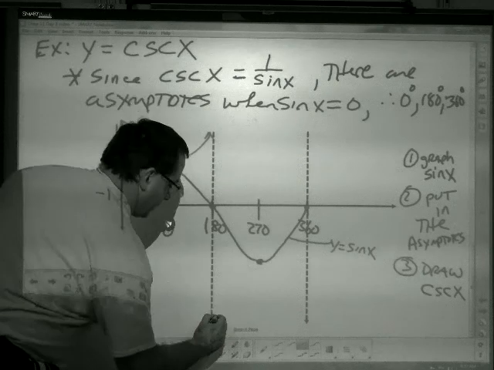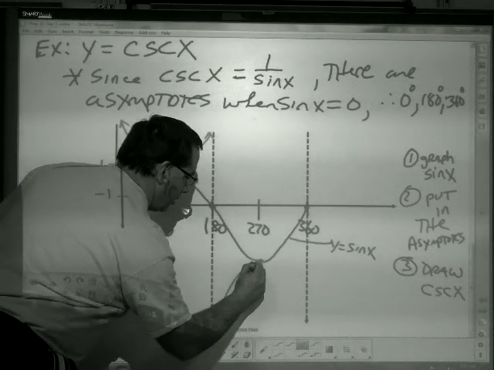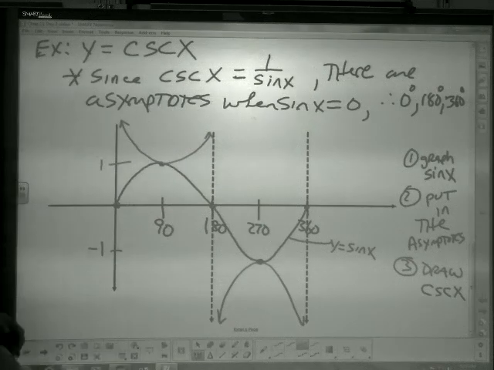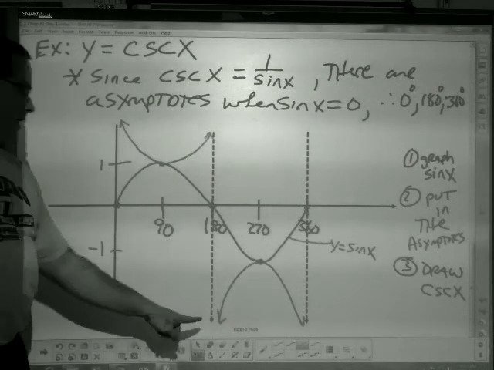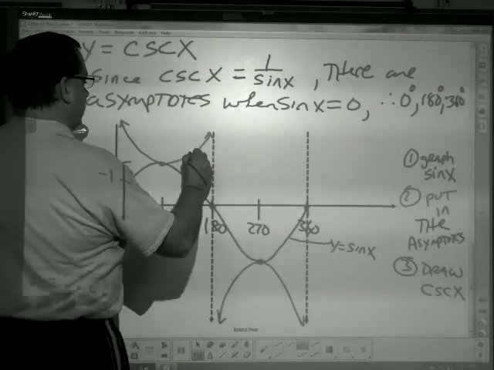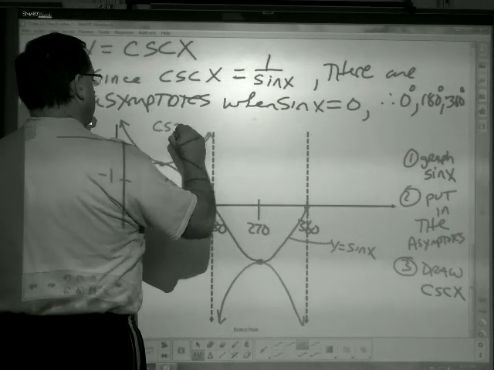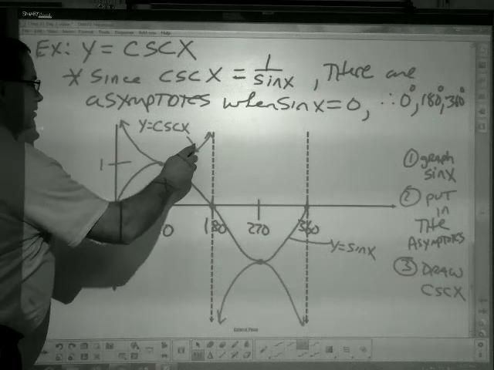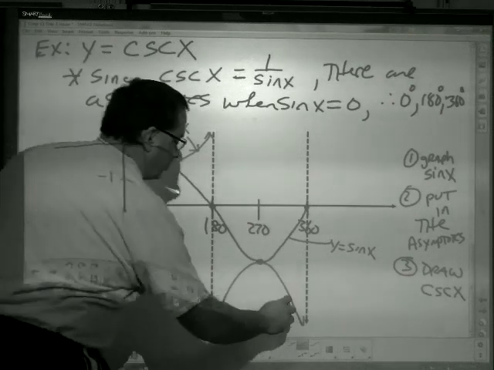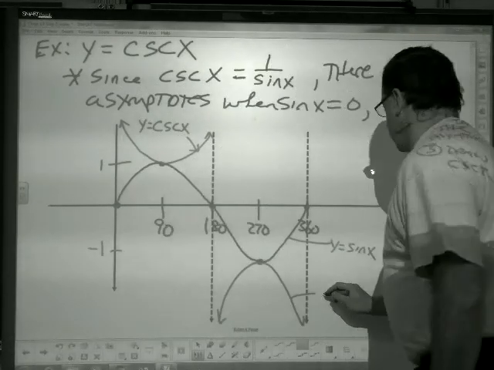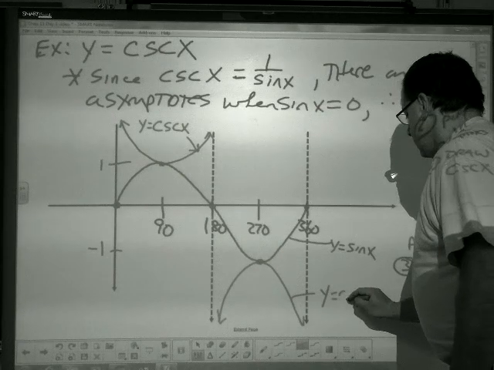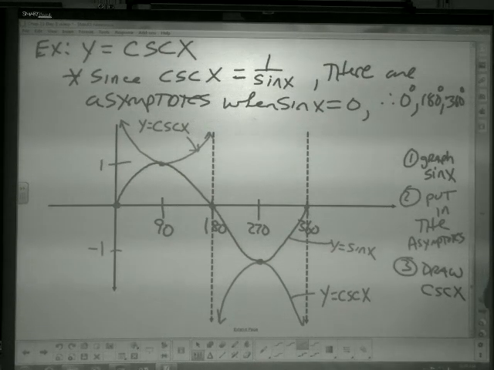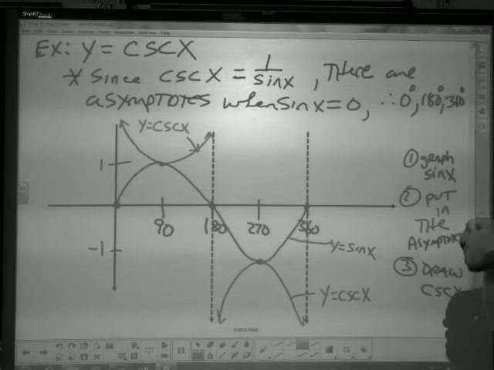And then it follows the same pattern down here. And so this piece and this piece, these are the cosecant graph. It takes on two sections. Looks like ribbon candy when you get it at Christmas time.